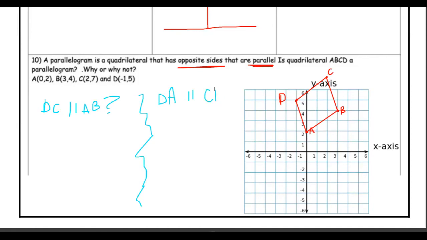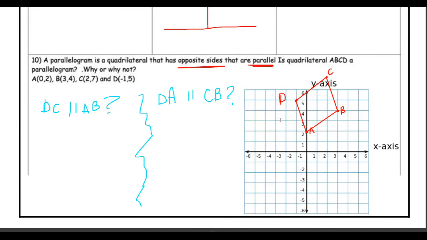How can we check if they're truly parallel? Remember, we learned earlier that parallel lines have the same slope. So essentially what we can do is find the slope of DC and AB. If they're equal, then they're parallel. Then we can find the slopes of DA and CB. If they are equal, then they are parallel, and then we'll know yes or no, if this quadrilateral is a parallelogram.